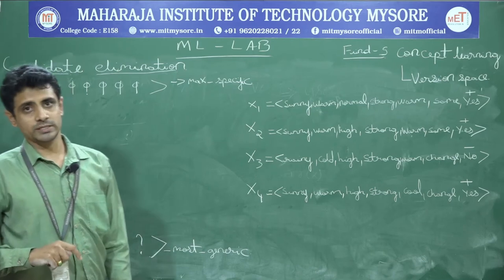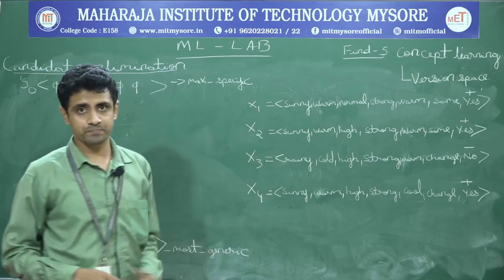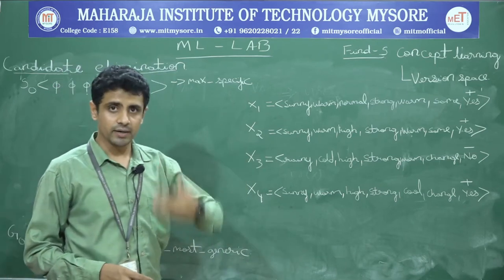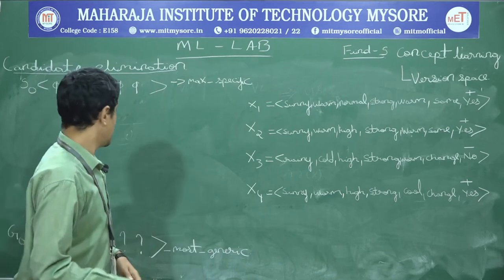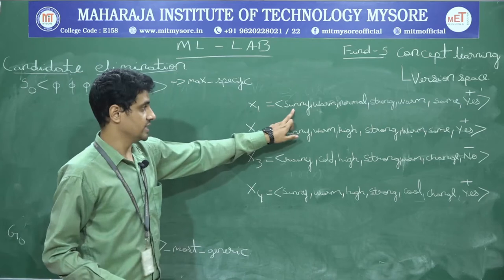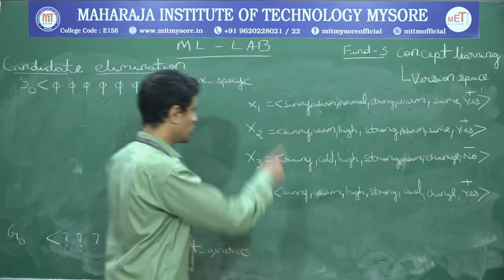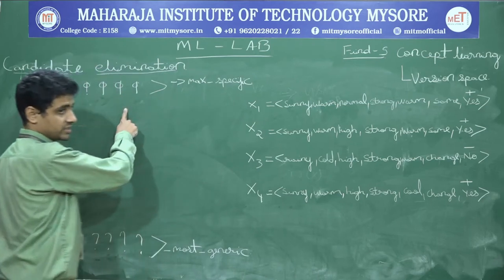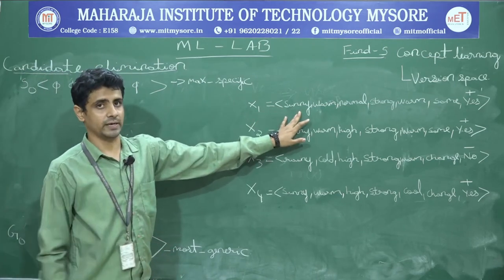Now what we need to do is take one particular instance at a time and perform the candidate elimination process. The first example is sunny, warm, normal, strong, warm, and same. So I will go with the candidate elimination now. The first step is to look at whether it is a positive or a negative example.